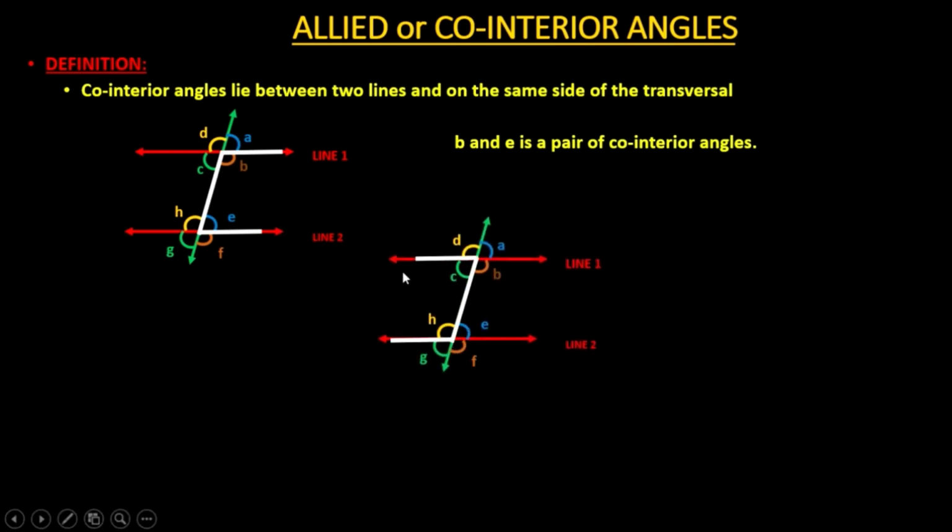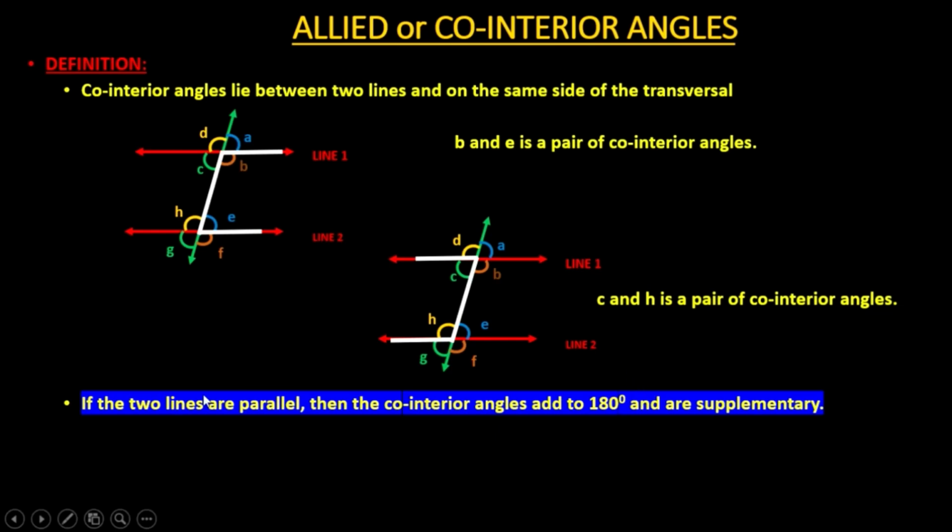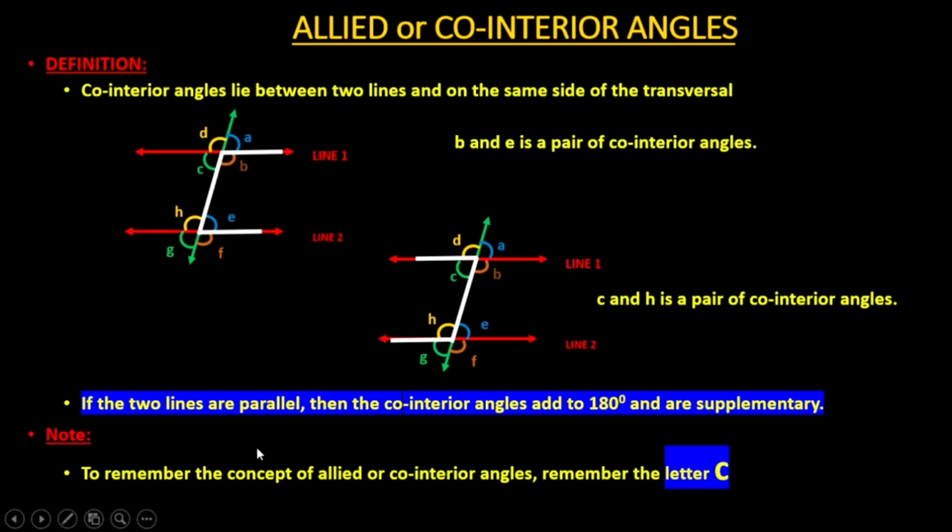Another set, angle C and angle H are co-interior angles. If the 2 lines are parallel, you must remember this condition: the co-interior angles add to 180 degrees. That is, both are supplementary. Note: to remember this concept, you should remember the letter C, that is the shape of the white line.